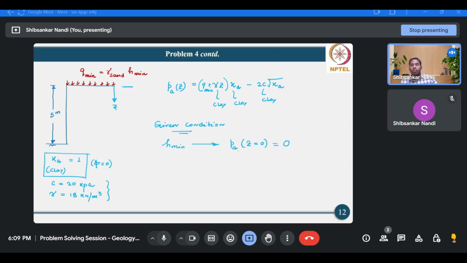Now we'll substitute the values of Z and all other relevant parameters in this equation, and then we can obtain the value of Q minimum.